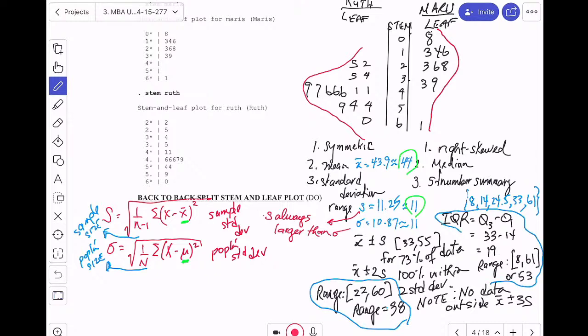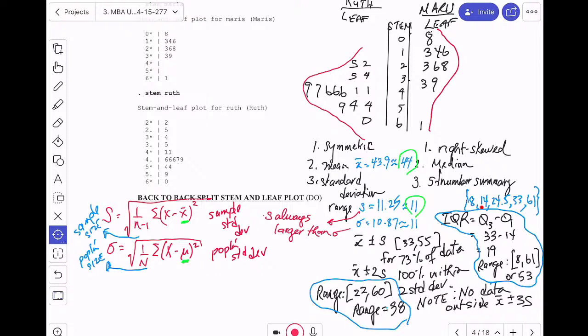I'm going to just circle it all. So this is the kind of information you give for the 5 numbers, for the spread for Maris, and you see the range is not double, but significantly broader for Maris.